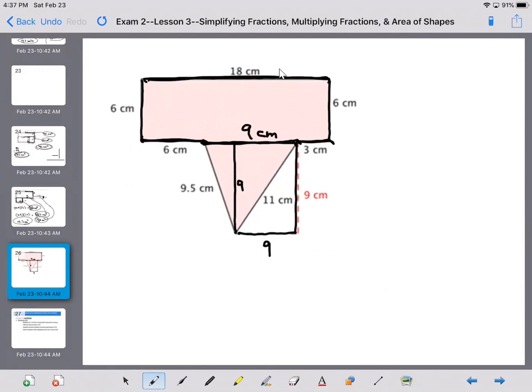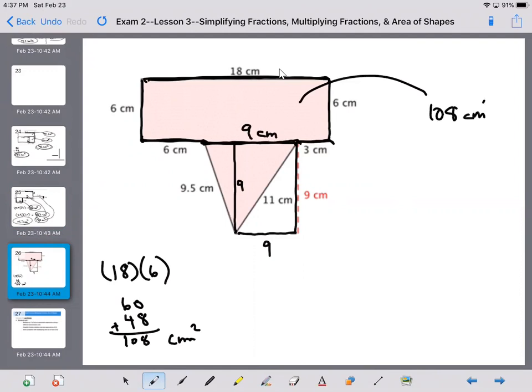So we could figure out the area of the rectangle, which would be 18 by 6, which would be 60 and 48, which would be 108 square centimeters. And then the triangle would be 9, because the base is 9. Yeah, so that's 6, that's 3, that's 9.